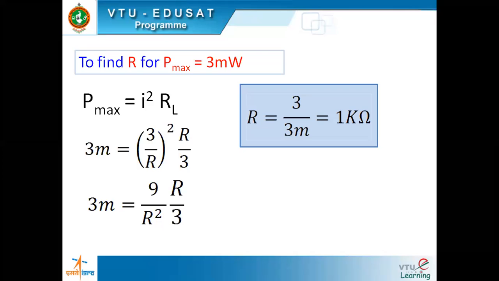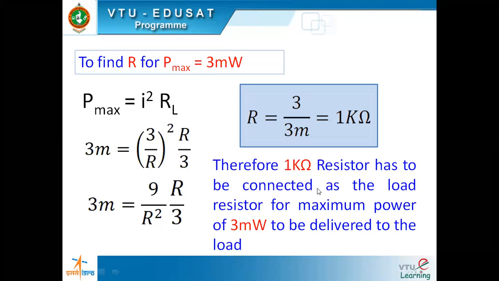The meaning of this is, if you connect R equal to 1 kilo ohm in the given network, then the maximum power transferred to the load would be 3 milliwatts. Understand that, everybody? That is what is told here. Therefore a 1 kilo ohm resistor has to be connected as the load resistor for maximum power of 3 milliwatt to be delivered to the load, or R has to be that.